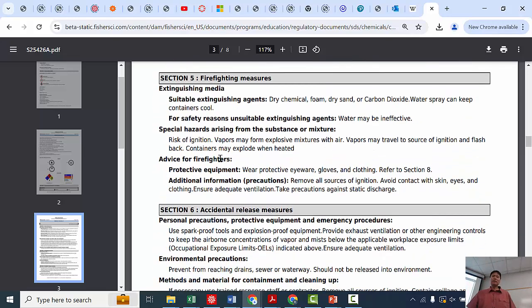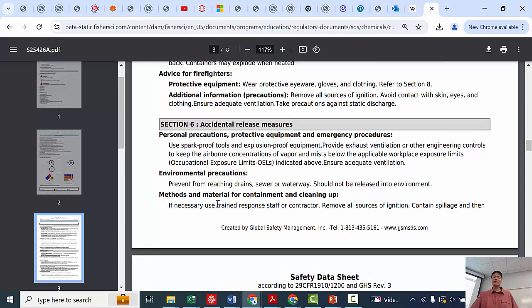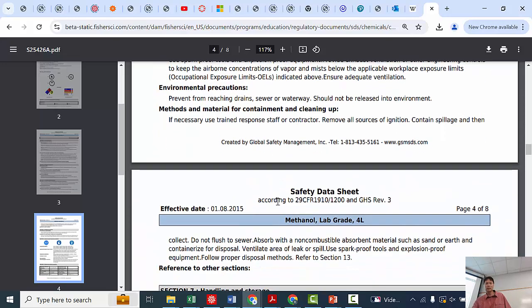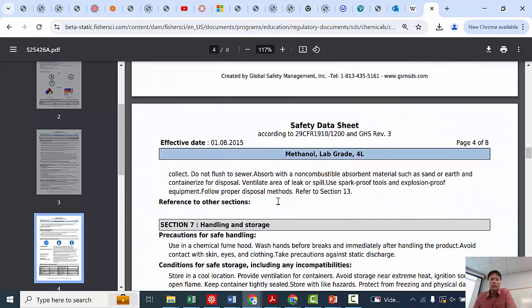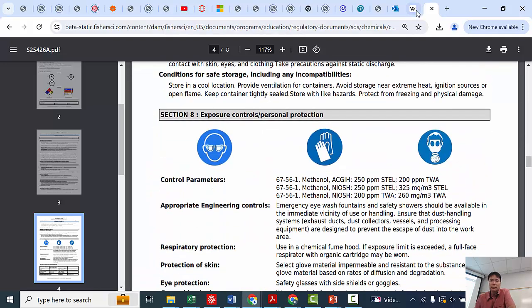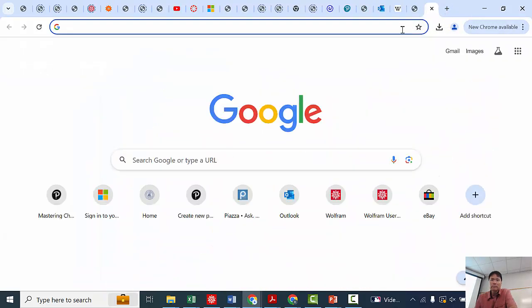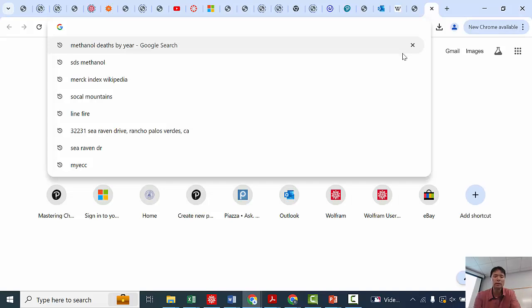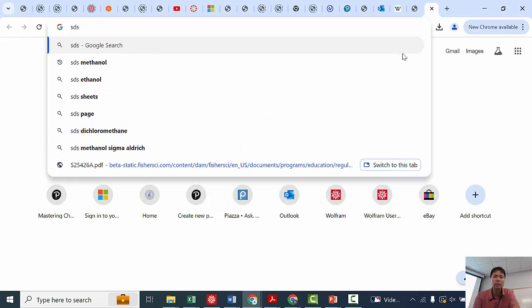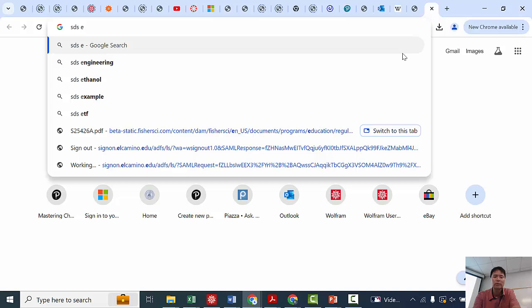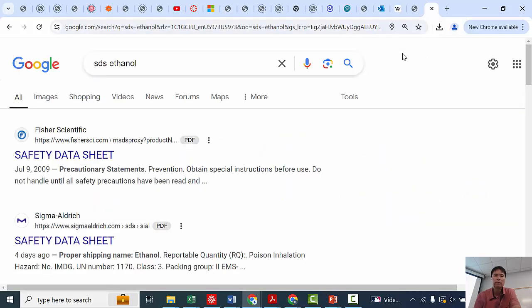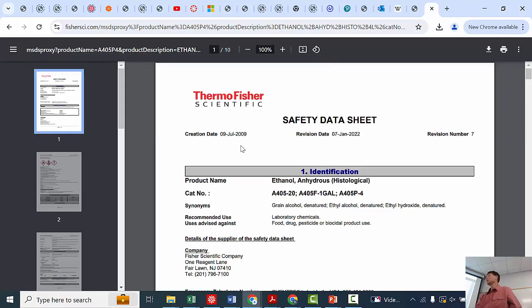But you look at some of these, and it's hard to get a perspective, because when you look at some of these, like salt, sodium chloride, and it's talking about different stuff, sometimes it's hard to get a good gauge of how hazardous it is compared to other chemicals. Fisher is one of the big chemical companies.